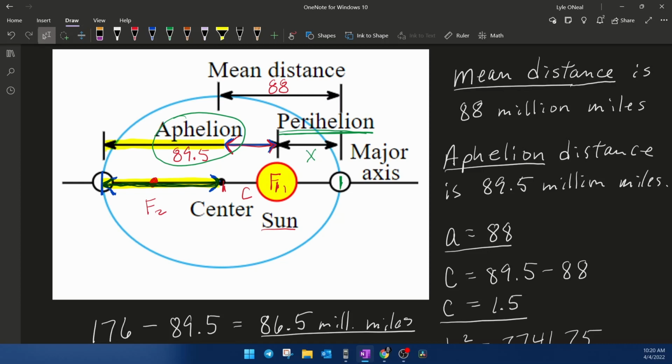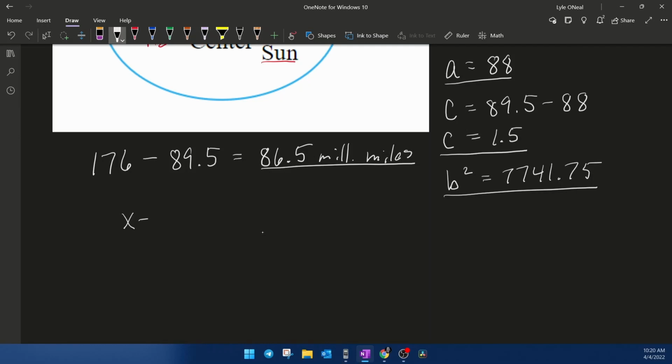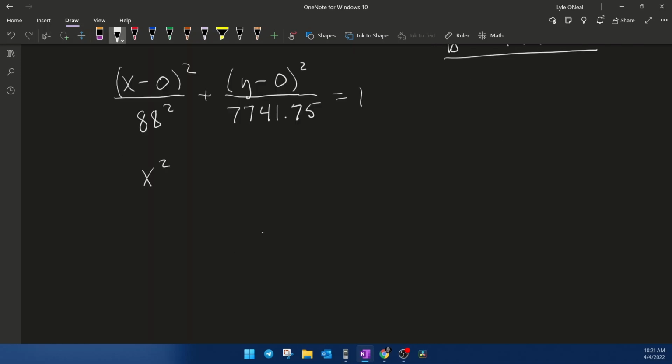So coming back to our scratch work, knowing that our major axis is horizontal indicates that we're going to be using this formula again, which will give us x minus h squared, and our h was centered at the origin, so that means h is 0, over a squared, which is 88 squared, plus y minus k, again this ellipse was centered at the origin, over b squared, which we had that to be 7,741.75, equals 1.